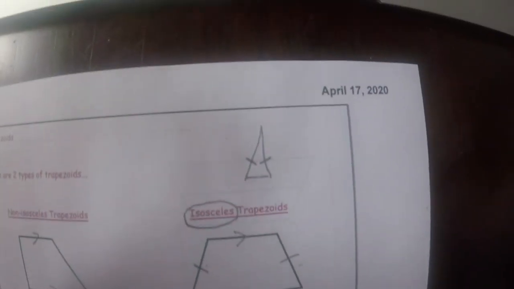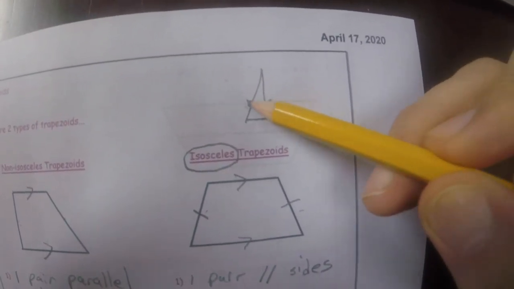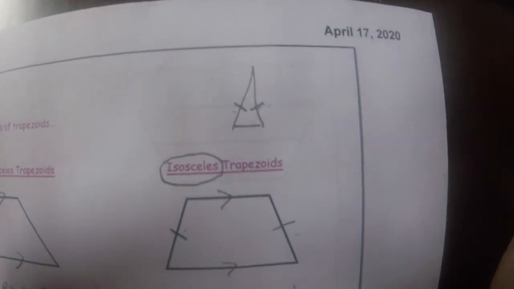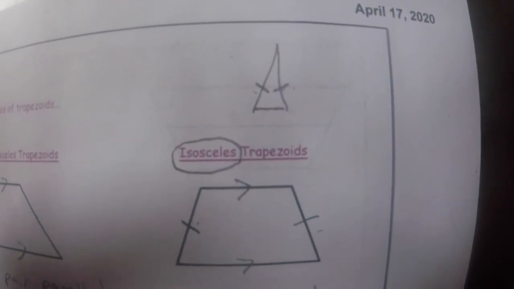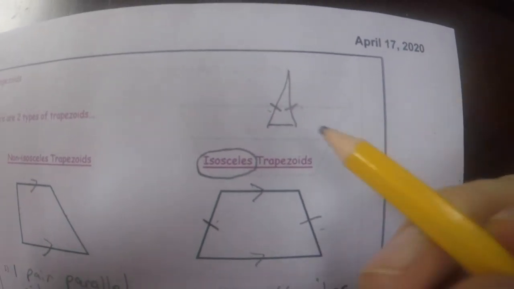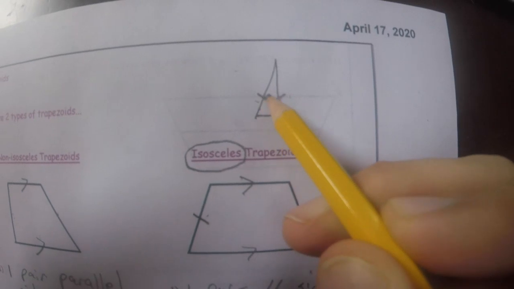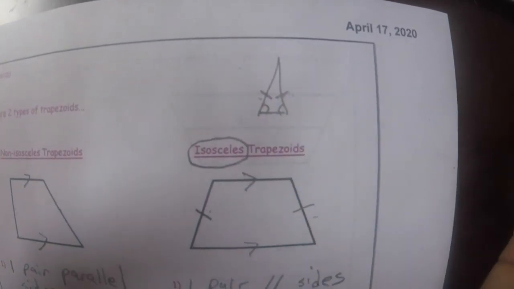Now, think back to triangles again. When we had an isosceles triangle, we remembered that the two sides are congruent. There was one other property about isosceles triangles. Take a second to see if you could remember. Remember, if these two sides are congruent, these two angles are also congruent.